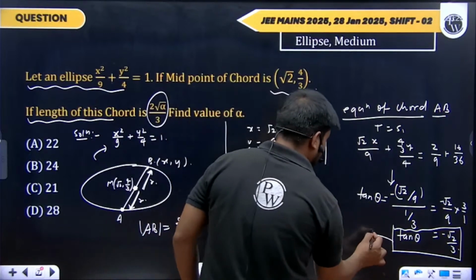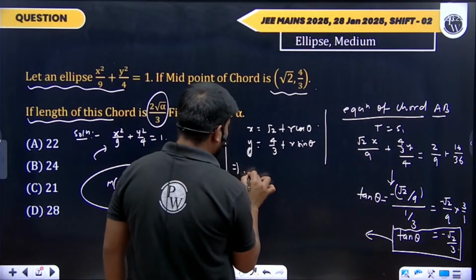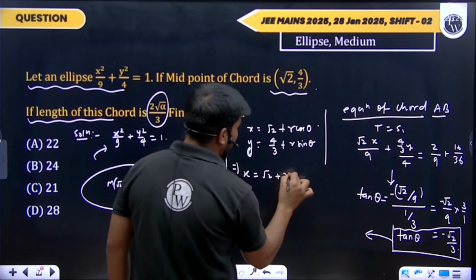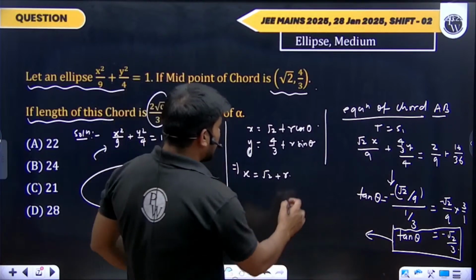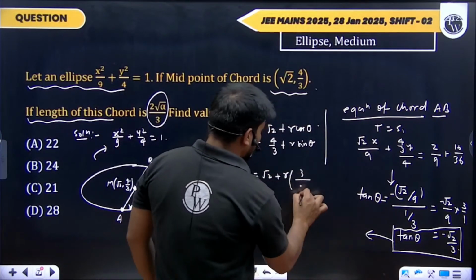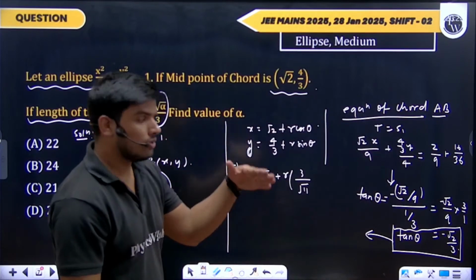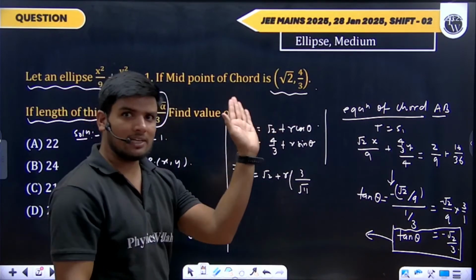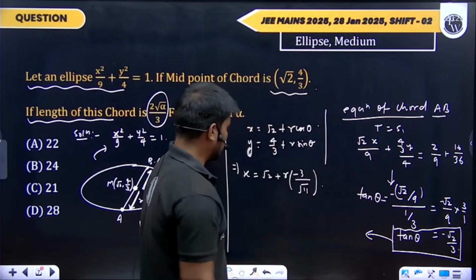From here, the value of cos theta will be 3 upon root 11. Since tan is negative, the inclination will be in the second quadrant, and in the second quadrant cos is also negative. So x will be root 2 plus r into minus 3 upon root 11.